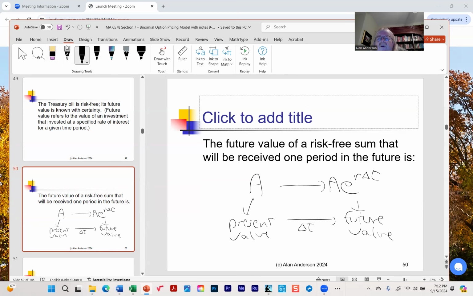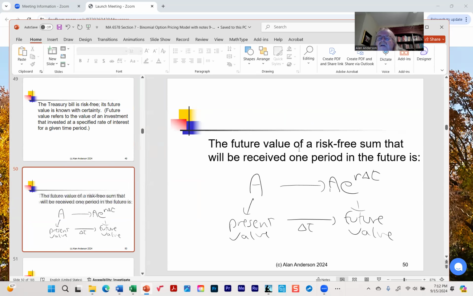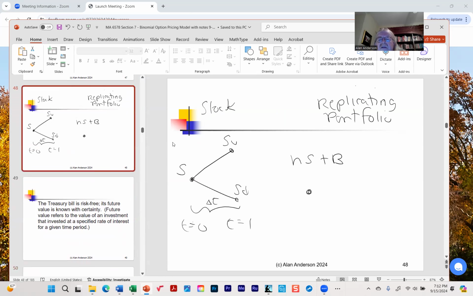The same thing is happening with our replicating portfolio. We have these Treasury securities whose value is known today and whose future value is guaranteed. So when we draw the little tree, I'm going to move these down here. We know two things.